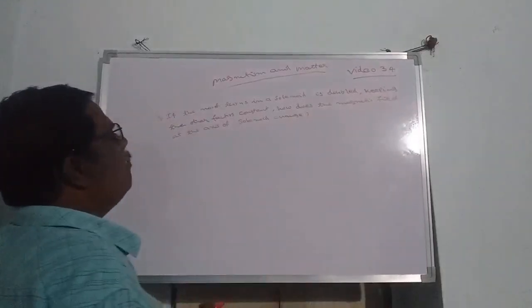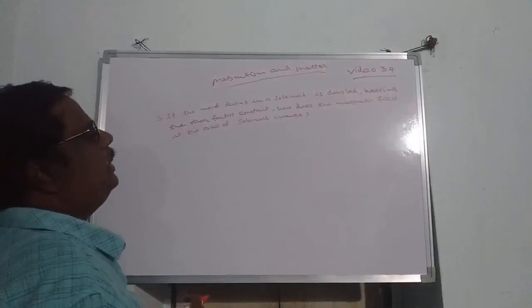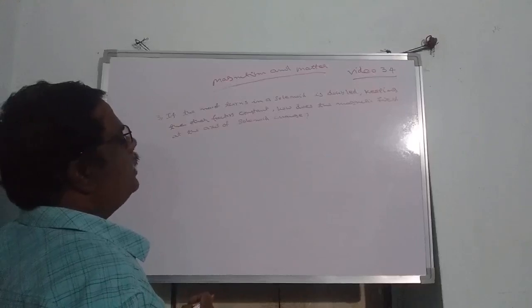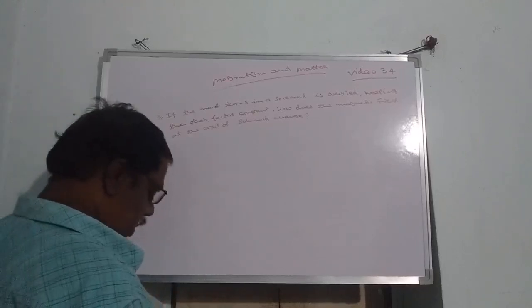So read the problem. If number of turns in a solenoid is doubled, keeping the other factors constant, how does the magnetic field at the axis of the solenoid change?